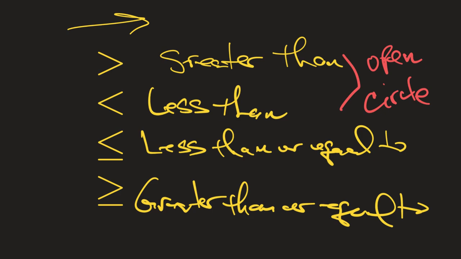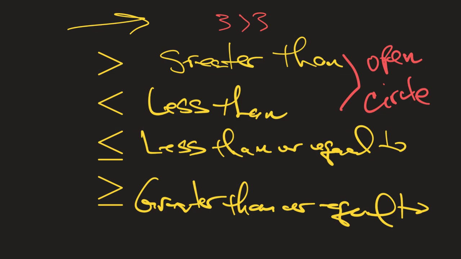So, for instance, is 3 greater than 3? It is not. That is not a true statement. 3 is not greater than 3, but 3.1 is greater than 3. You would not be able to include 3 in those solutions, so therefore you would use an open circle.